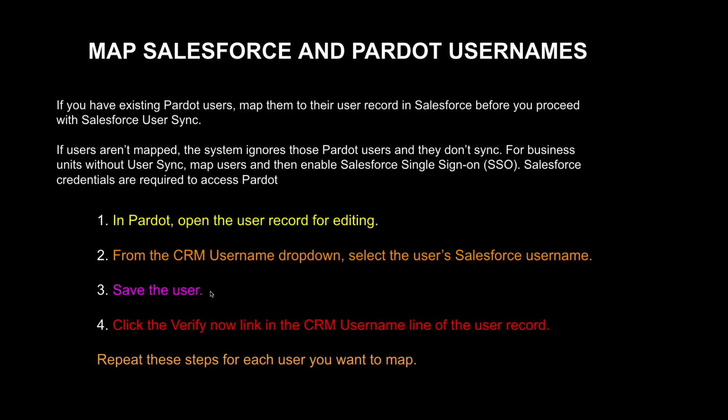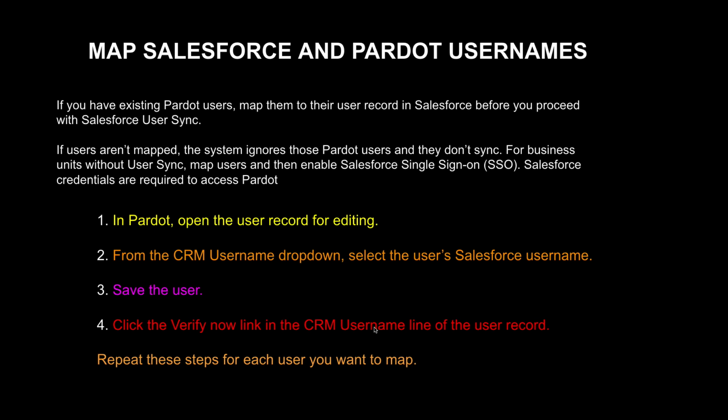Wait, it's not done yet. Stay on the same record page. Again, look for the CRM username field where you have selected the respective username, and you should see a blue link, something like click to verify. You must click that link.